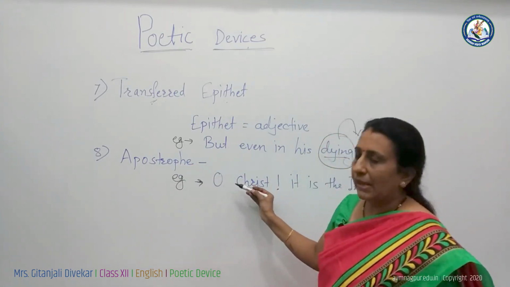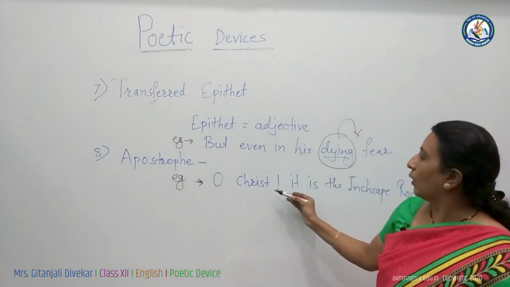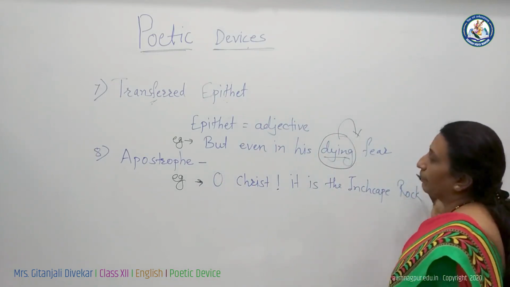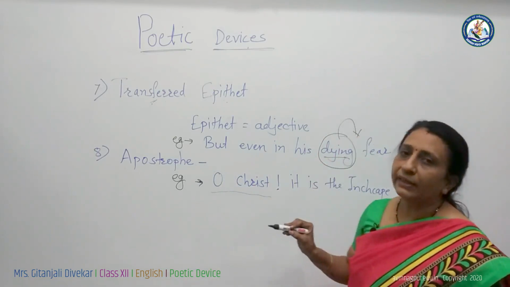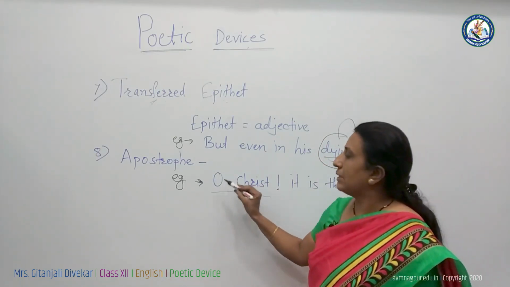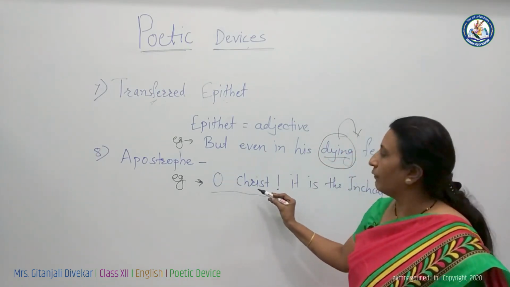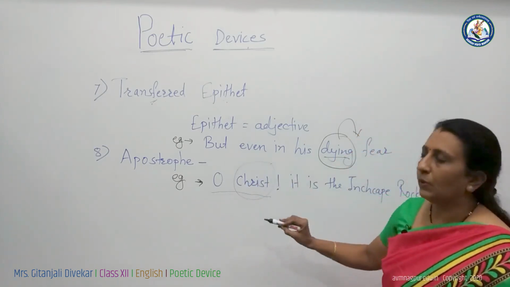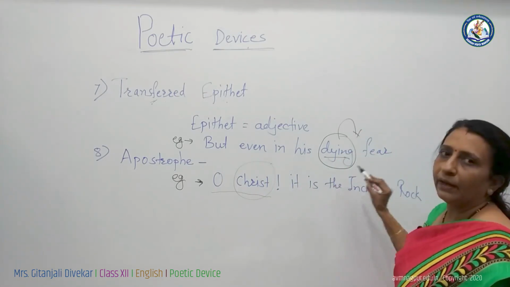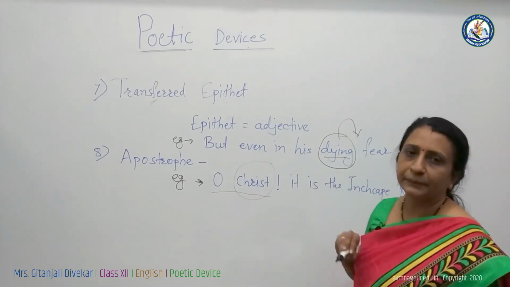Students, let's see the example from our textbook: O Christ, it is the Inchcape Rock. In this line, you can find that the poet is directly communicating with the Almighty, that is Christ. So, this is an example of apostrophe.